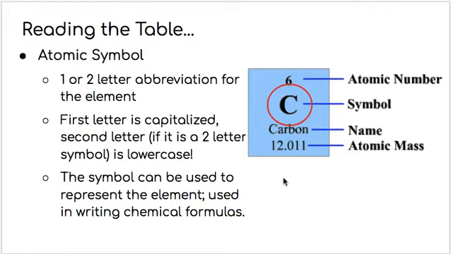If it is a 1-letter symbol, obviously the first letter is the only letter. However, if it is a 2-letter symbol, the second letter in the symbol will always be lowercase. You're going to see as we go further in the unit that it is important to keep that in mind. The symbol can be used to represent the element, and it will be used in writing chemical formulas, which is something that we will do again later in the unit.